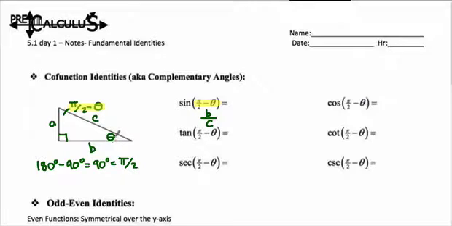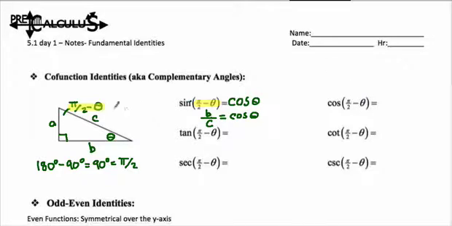So sine was b over c, which equals cosine theta. So when I'm given this, I can substitute in cosine theta because they're the same thing.